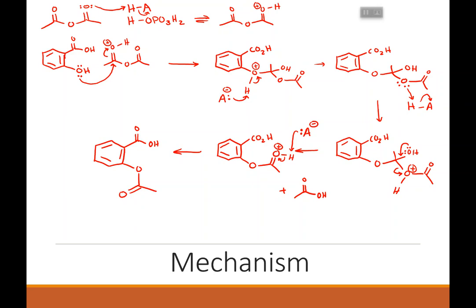And we have formed our final product, our acetylsalicylic acid. So that is the reaction and the mechanism for the formation of acetylsalicylic acid utilizing a phosphoric acid catalyst.